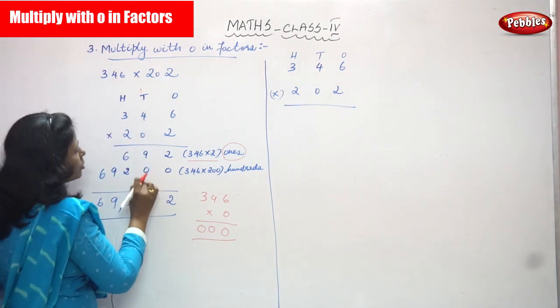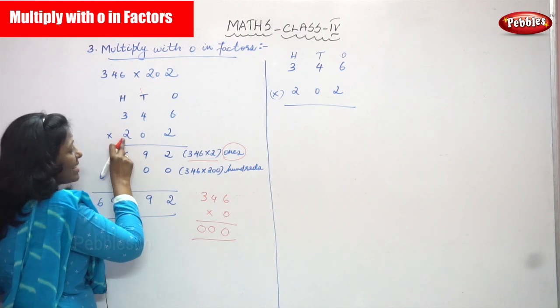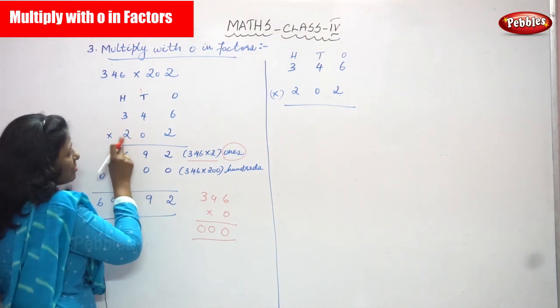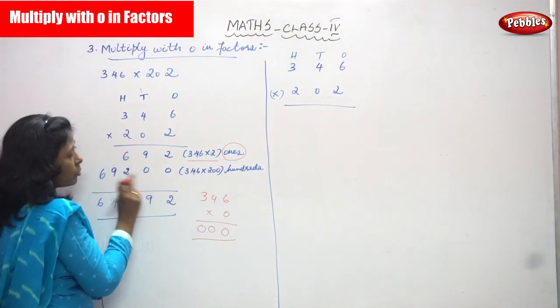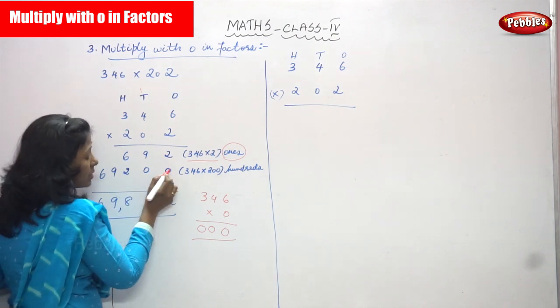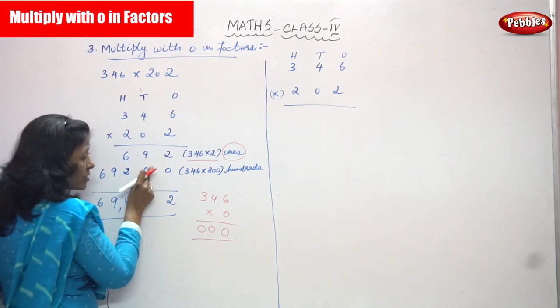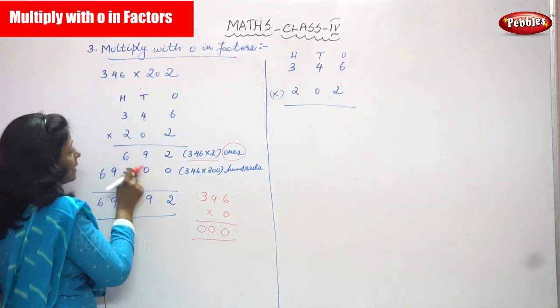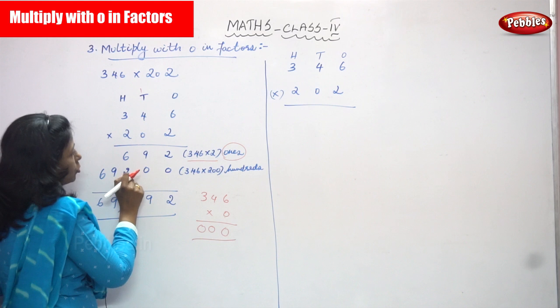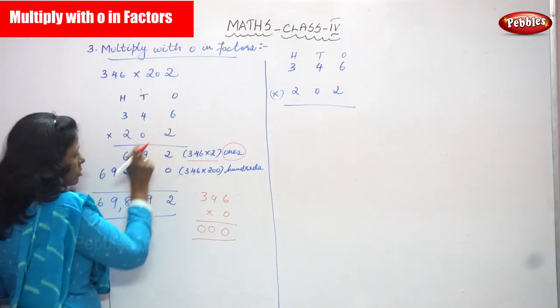After that, you have to multiply by 100. What is the number in the 100 place value? 2. So you must write 0 in the ones place and 0 in the tens place. Now you multiply by 2. So 2 into 6, 12.